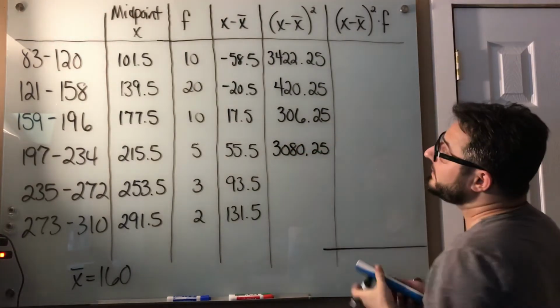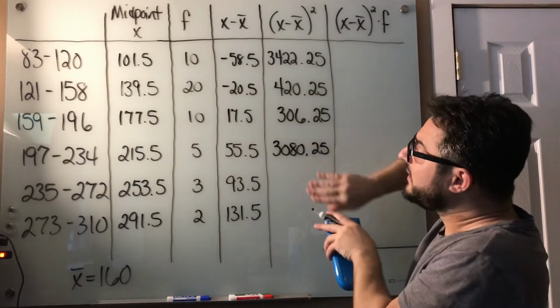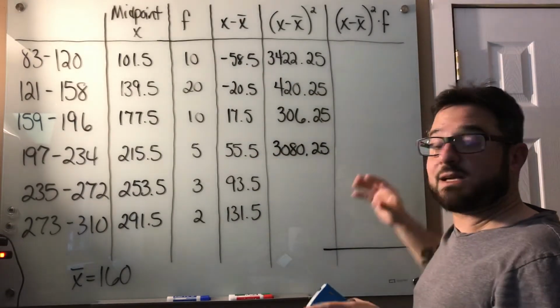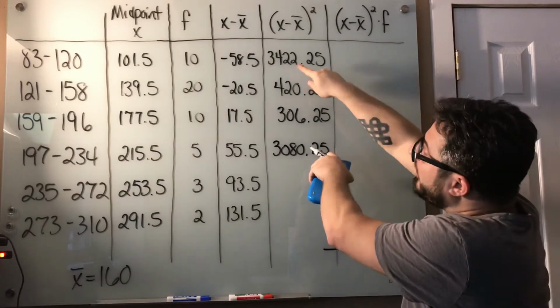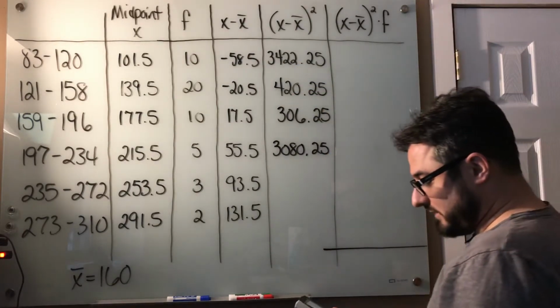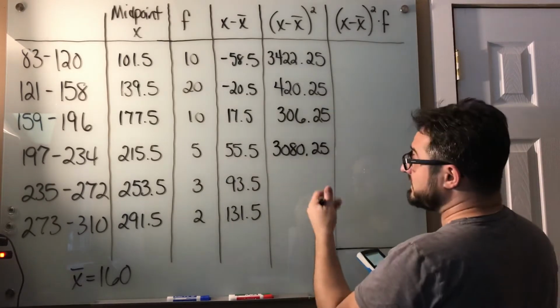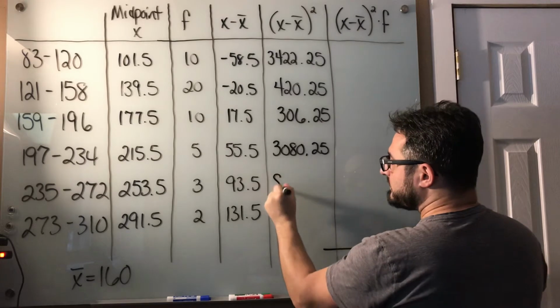Whereas, again, these two, the 58.5 and the 55.5, are almost the same distance on opposite sides, and they have almost the same amount of influence, of weight, in the sum of these square deviations.